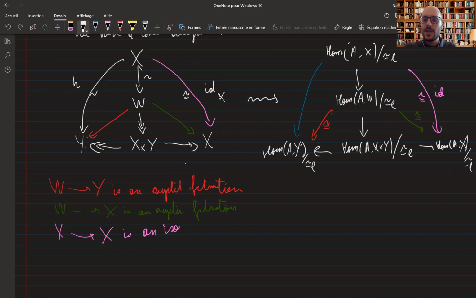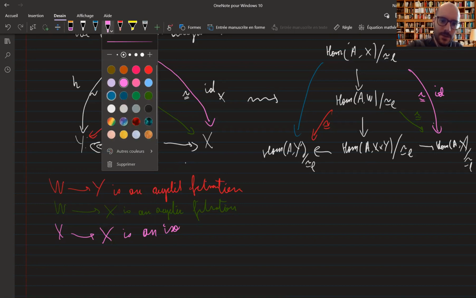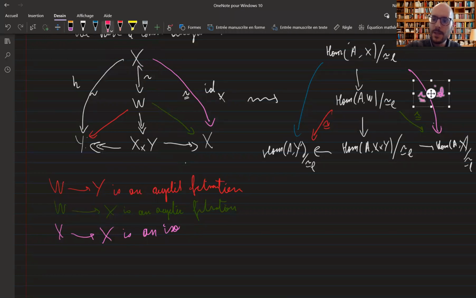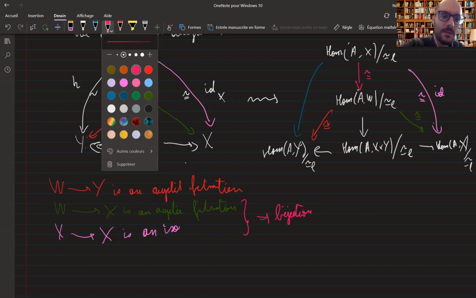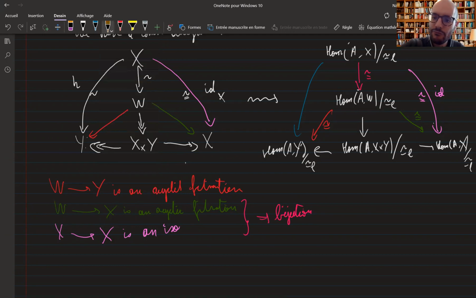And so now we have a proof. Because using the green and, let me find a new color, using the green and the pink bijection, this map is a bijection because bijection, bijection, bijection. And combining this with the red map, the blue map will be a bijection.